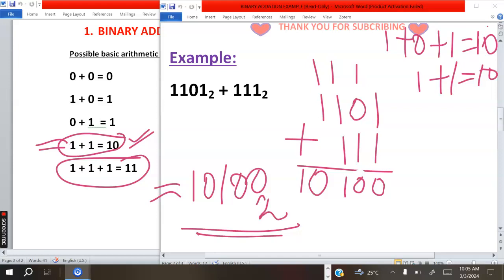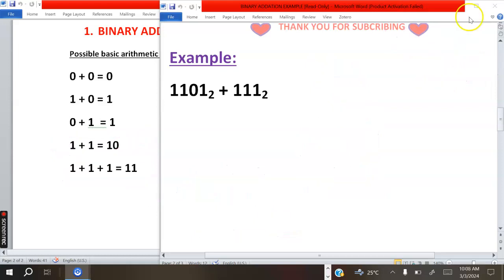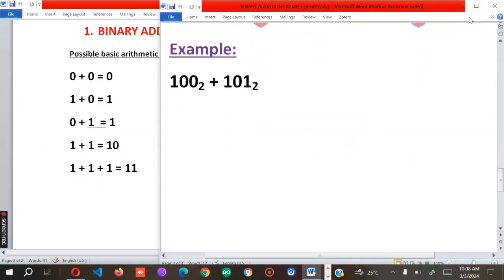I hope up to that point we are on the same boat. Okay, let's move to another example. For this one, I'll give you maybe a minute, then you go through the whole thing. Where we have 100 base 2 plus 101 base 2.